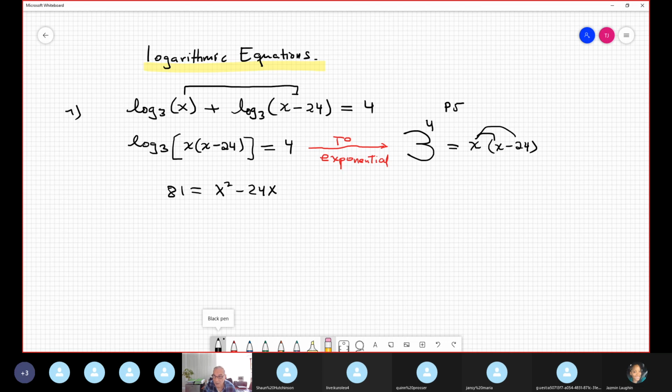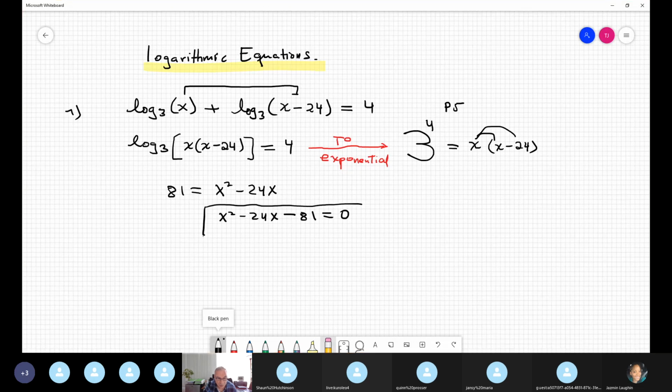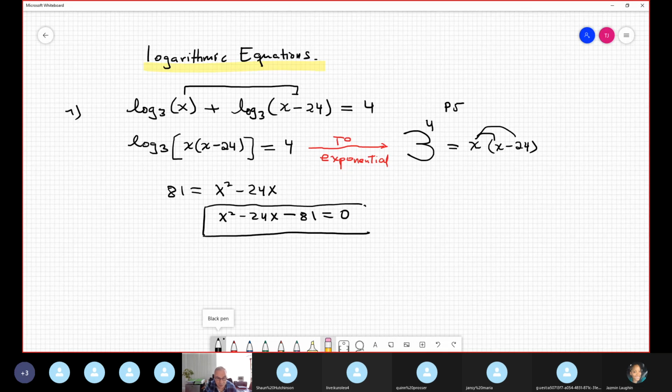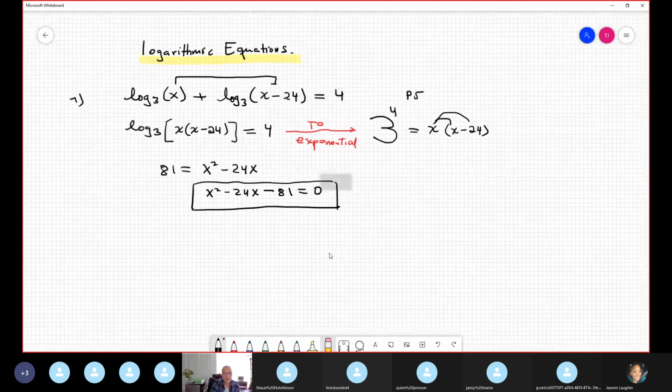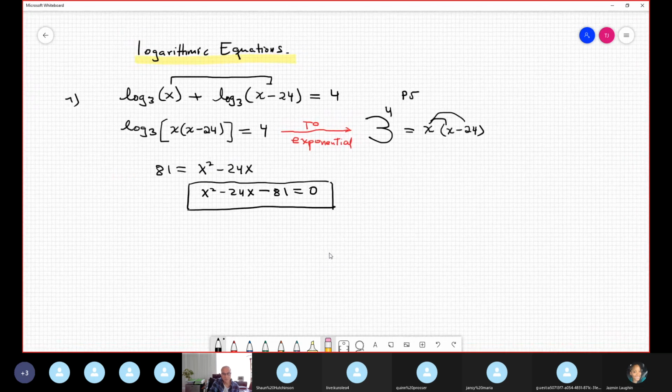Oh, this equation is quadratic equation. Entonces let me write in standard, elegant way. x squared minus 24x minus 81 equal to 0. Entonces I focus on this equation, que somehow is equivalent to the original, and gives me the solution. Everyone understand very well this or no? Guys, you follow me or it's confusing?